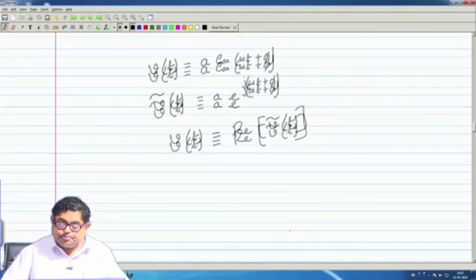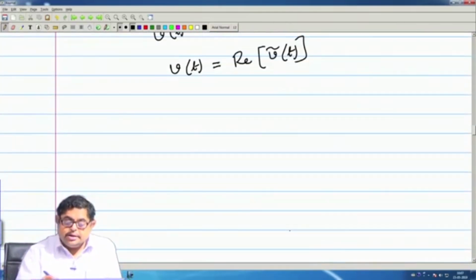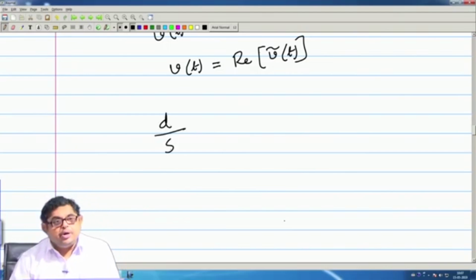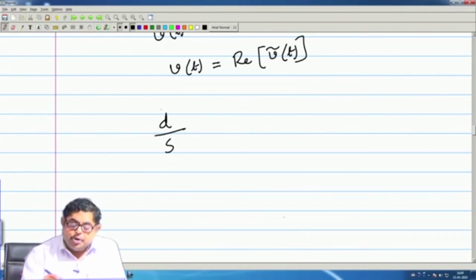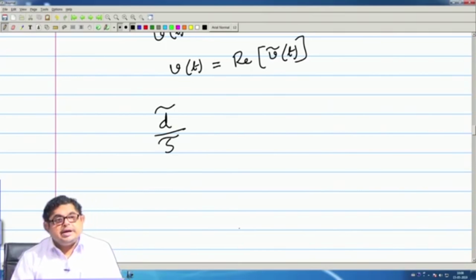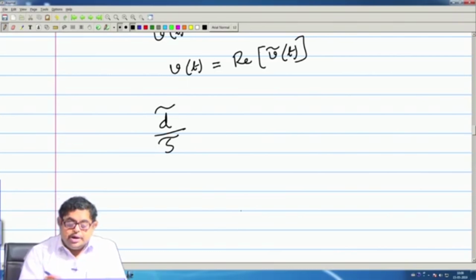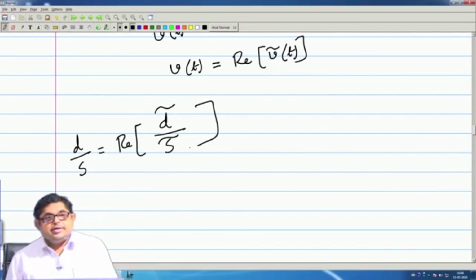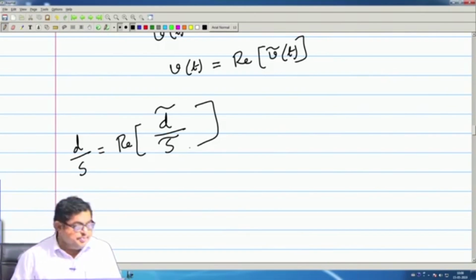We have seen the ratio D by S; these are RF voltages and the phase is important. So, while analyzing the radar, we will take these as phasor ratios. So, what is the actual D by S? The actual D by S is the real part of this phasor.